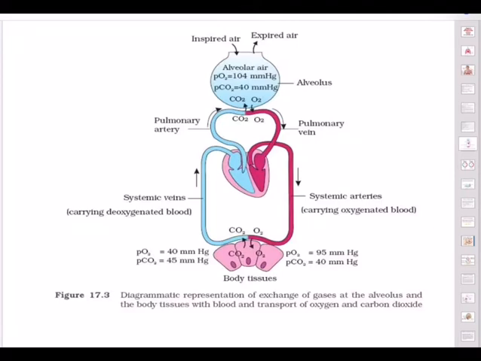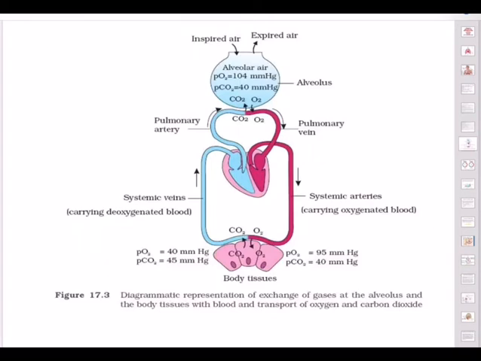So this glucose combines with oxygen, Krebs cycle, remember, 36 ATPs are formed, along with H2O and CO2. H2O either will be utilized or it comes out of the body, and the CO2 now will be formed within the tissues. Our body cannot afford to keep this CO2 for a long time because it is poisonous. So when CO2 is formed in the tissues, it is 40 mmHg, partial pressure of CO2.